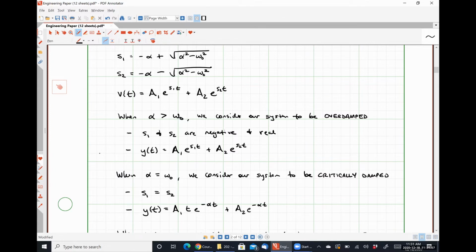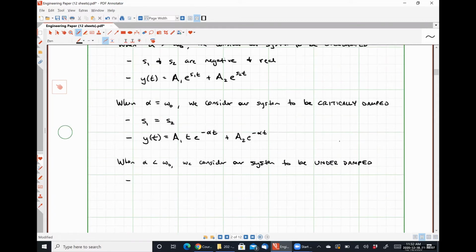So it's going to be complex. And it's going to turn out that S1 and S2 by definition will be complex conjugates of each other, always. So S1 is the complex conjugate of S2.